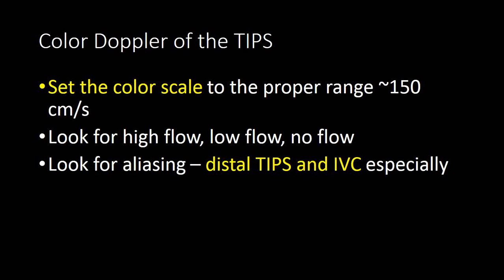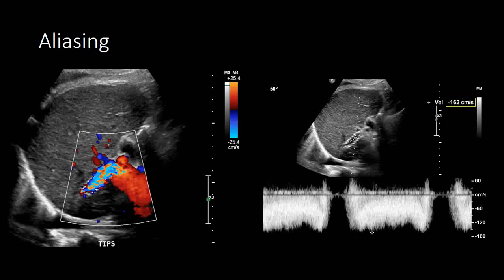And when you're looking for aliasing or high flow, you really need to focus on the distal TIPS and in the IVC, because that's where the stenosis often occurs, and the high flow occurs at or just past the stenosis.